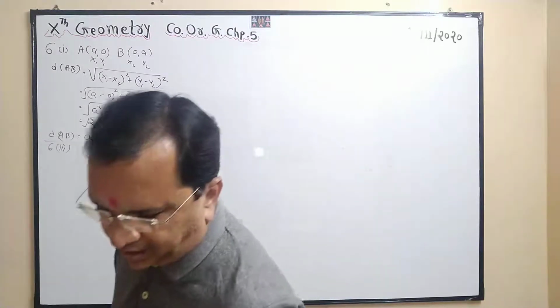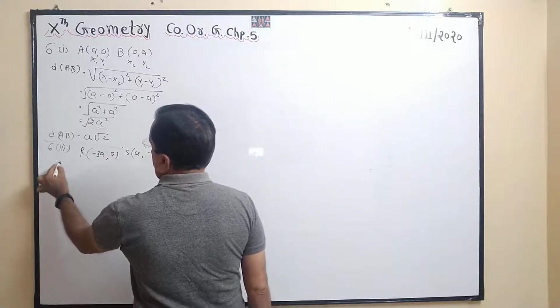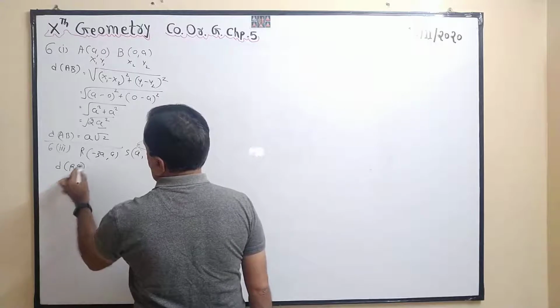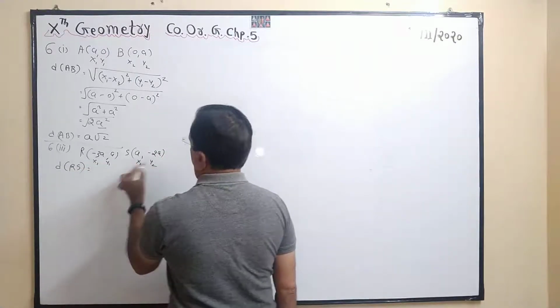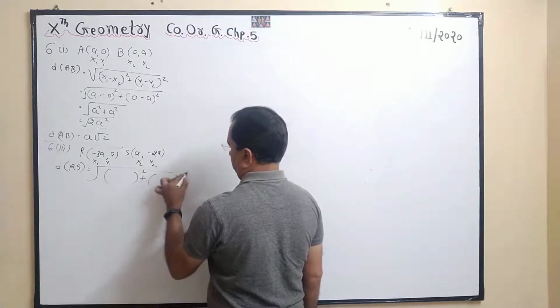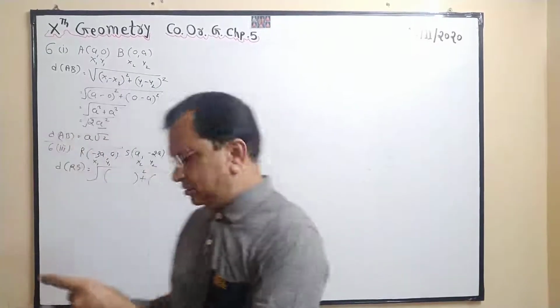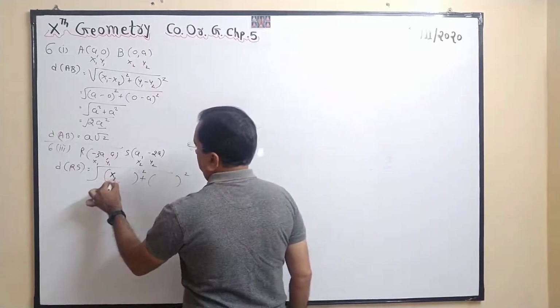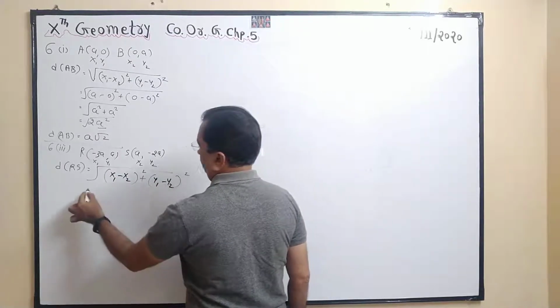These are R and S. So distance RS is equal to x1, y1, x2, y2. x1 minus x2, y1 minus y2.